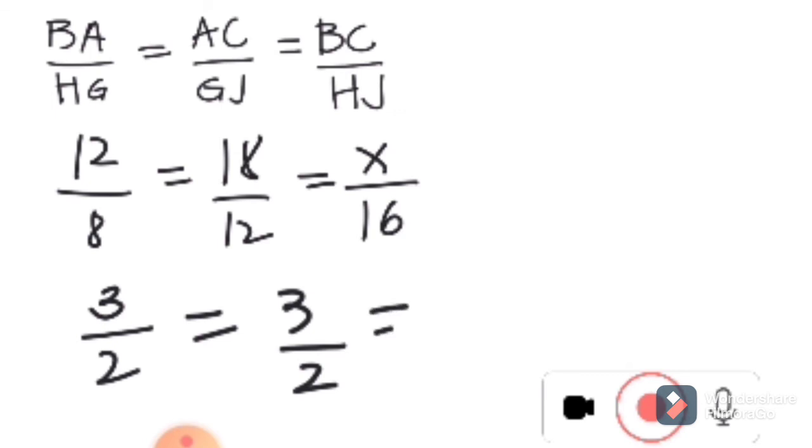Now lastly, we are going to find if this x over 16 is still equal to the ratio of the first two legs. To do that, let us find the value of x by using two ratios in a proportional manner.